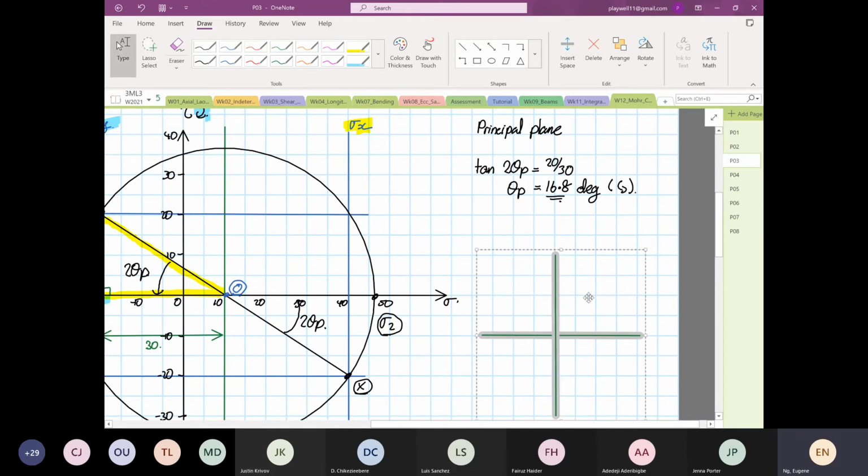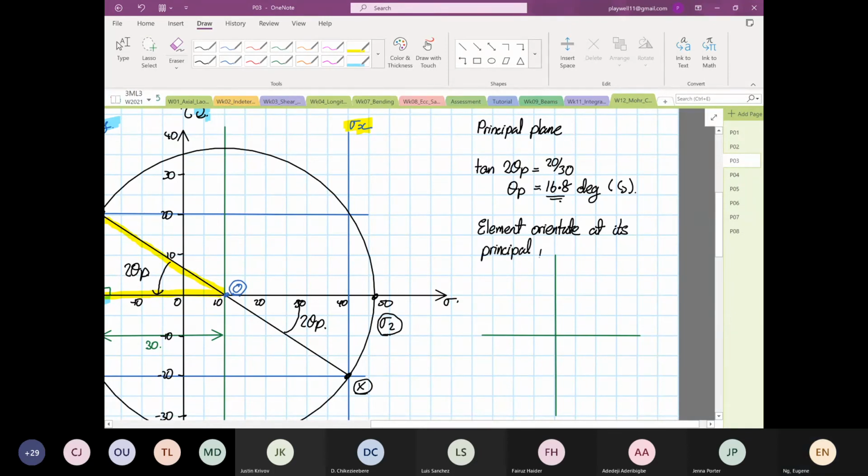So we're going to draw the element oriented at its principal plane.